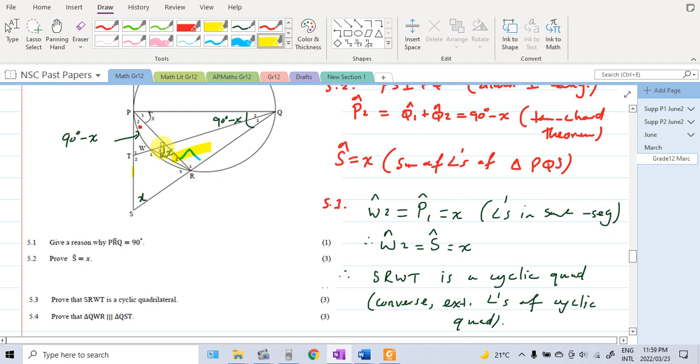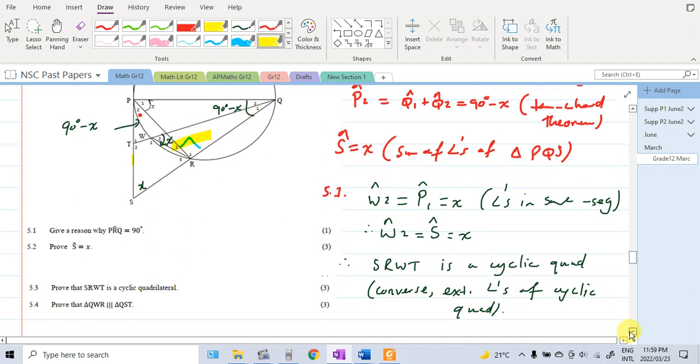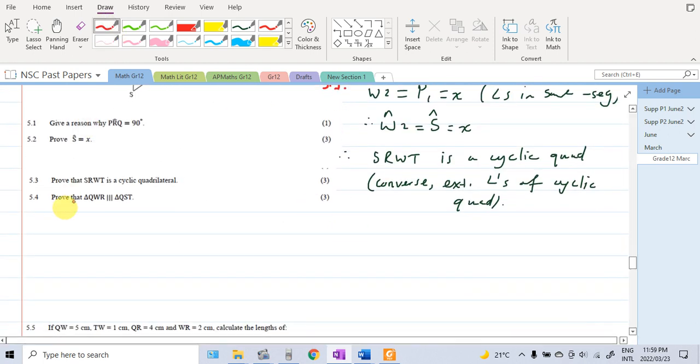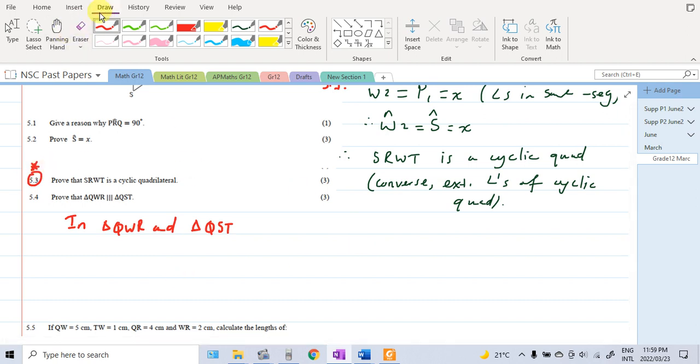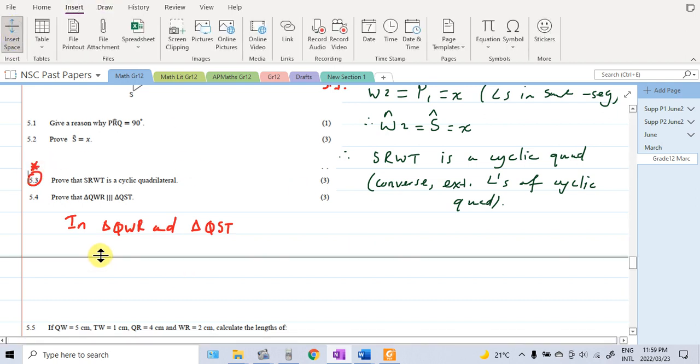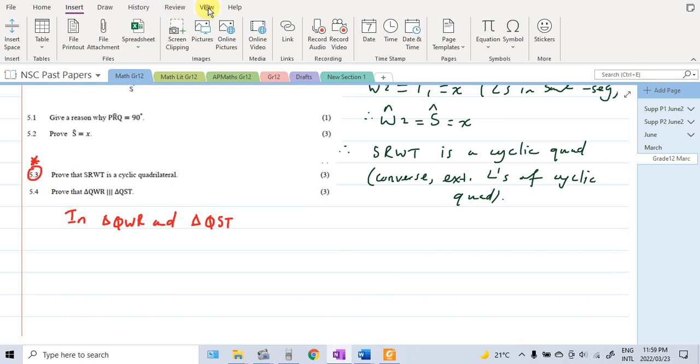So in triangle QWR and triangle QST, I mean, this one took us long, couldn't find that, kind of hidden information. Let's underline this.